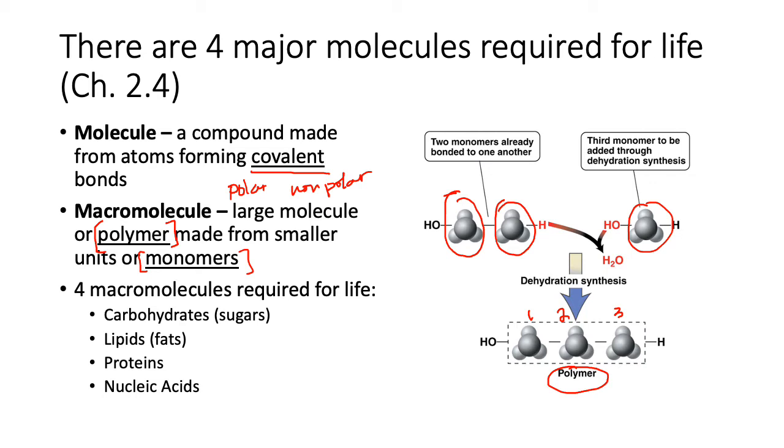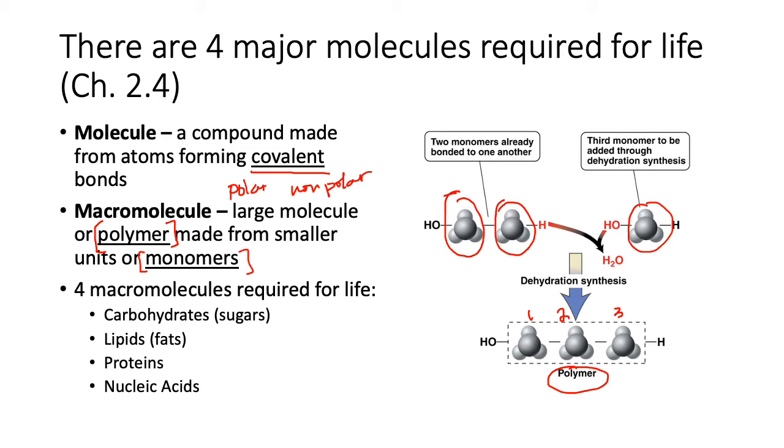Anytime we need to link monomers together, we perform a special reaction where basically we remove water, or we dehydrate our molecule. And by dehydrating the molecule, that allows these smaller subunits to share electrons and create a larger molecule. So we're going to see that for all of the macromolecules that we talk about, each class has specific monomers or building blocks that make up the larger polymer.